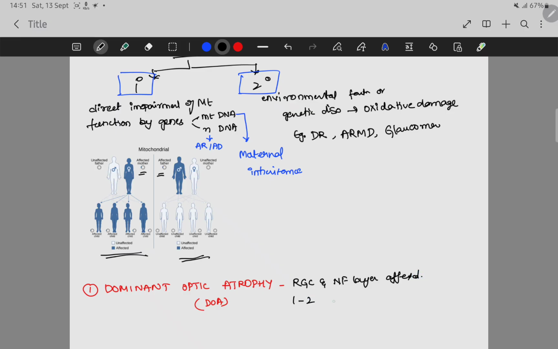It presents in the first to second decades of life, and it is due to the optic atrophy 1 mutation. On fundus examination, we can see sectoral pallor of the optic nerve and NRR thinning.